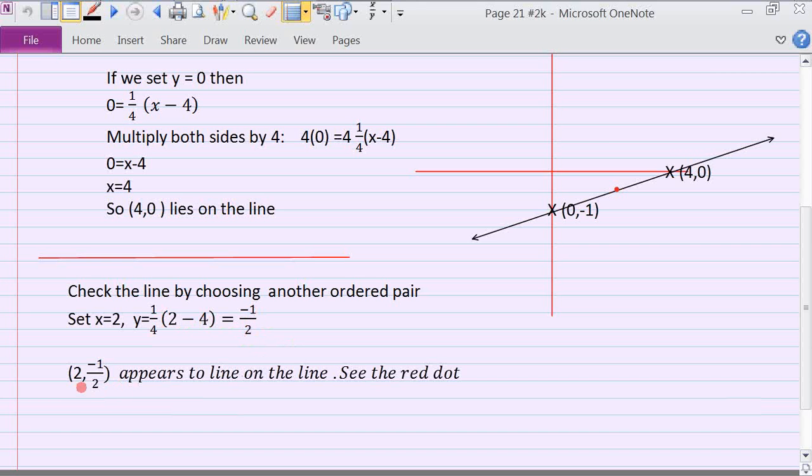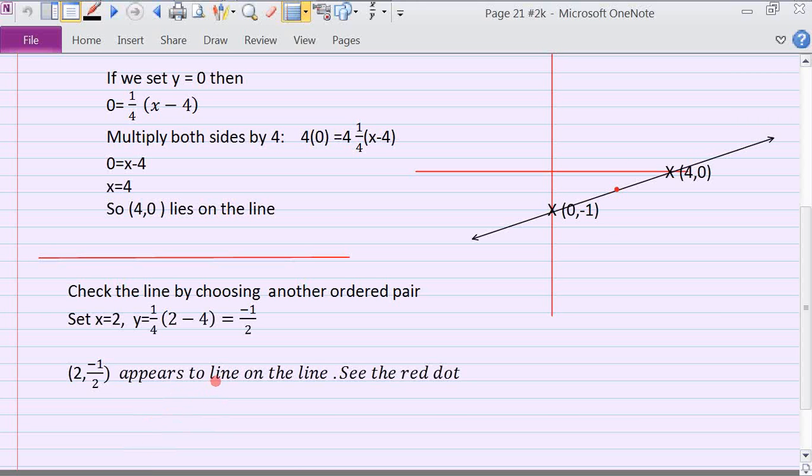So the point 2, comma, minus a half appears on the line. So you can see here x is 2 and here's y is minus a half. It's down about a half of the value on the y scale. There's 2 and so there's the point.